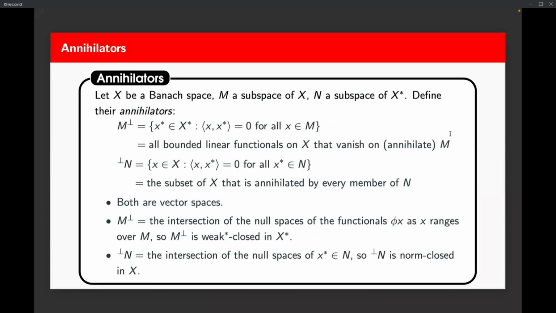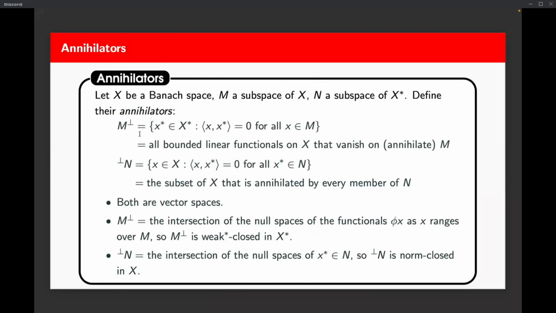Okay, so let's talk a bit about annihilators. Here we have a Banach space, and we just have any subspaces. In fact, these don't even have to be subspaces. These could be just any subset of X, and these definitions make sense. But here we're assuming M and N are subspaces, not necessarily closed. We define two annihilators. M is a subspace of X, and N is a subspace of the dual space.